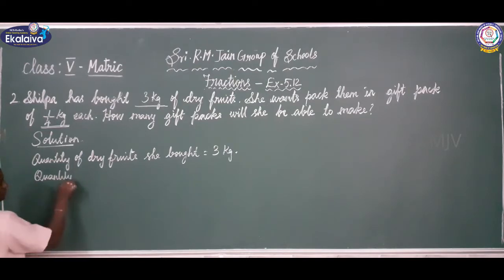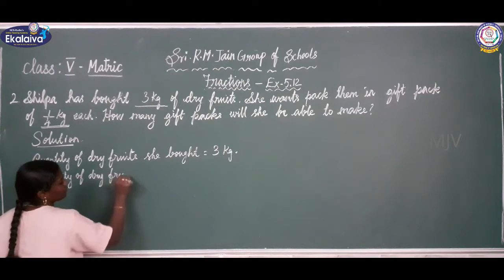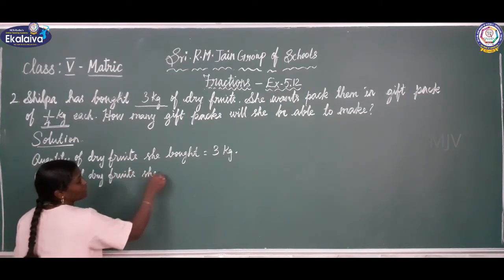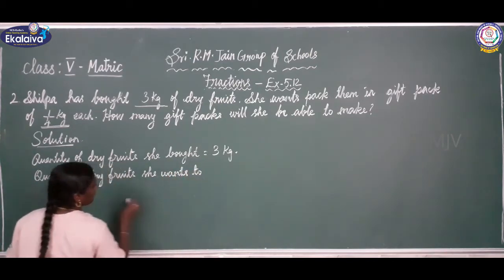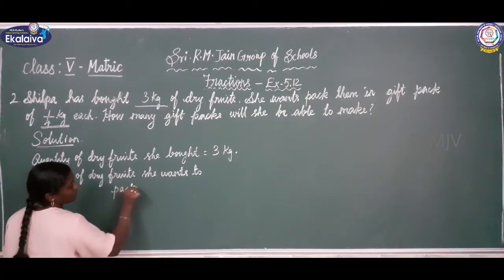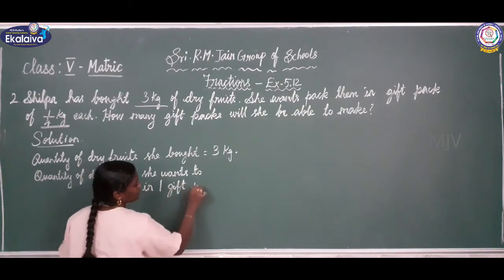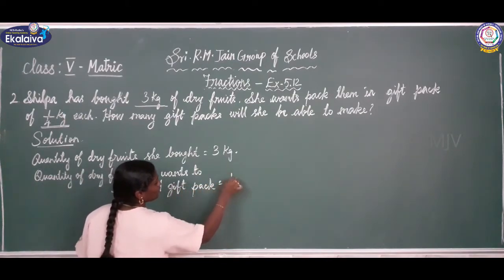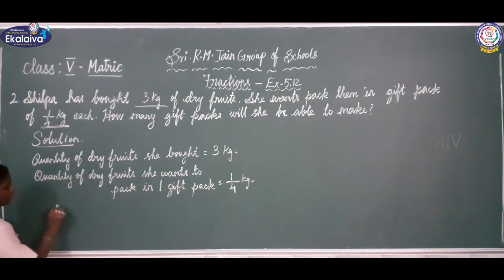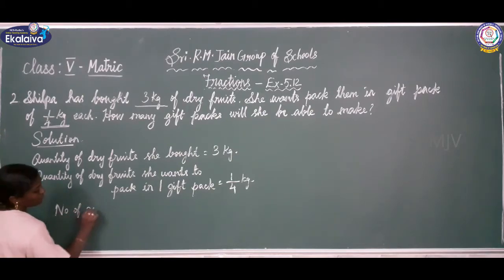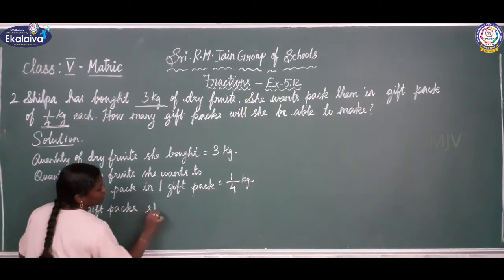Quantity of dry fruits she wants to pack in one gift pack is equal to 1 by 4 kg. Now we are going to find the number of gift packs she will make.